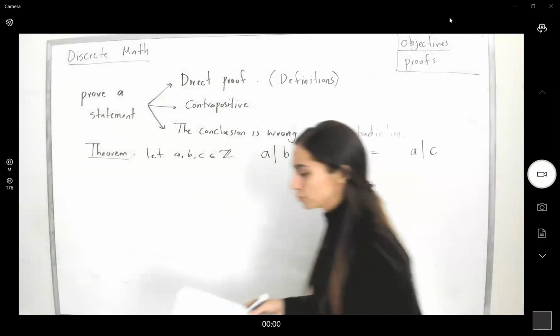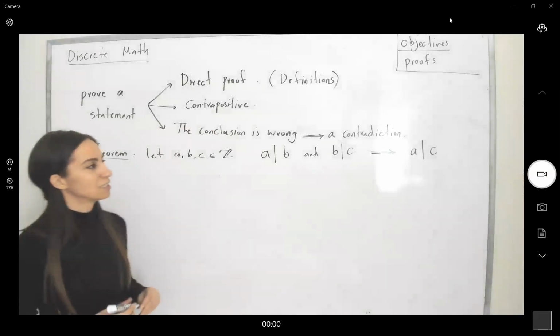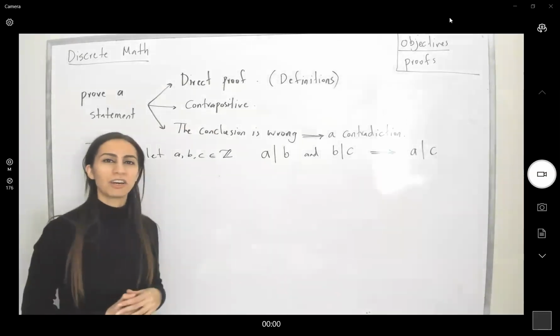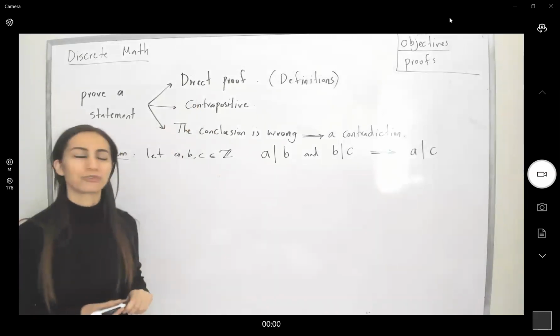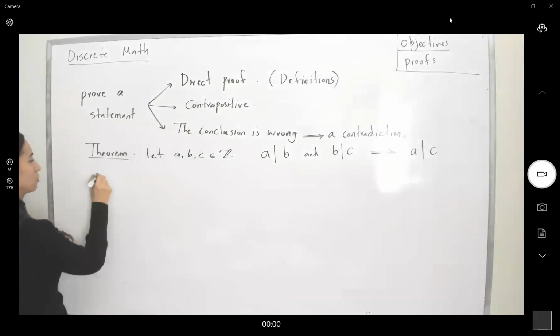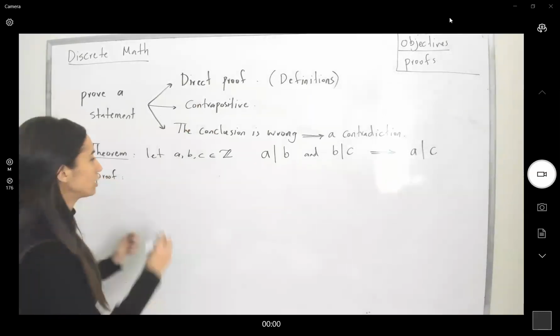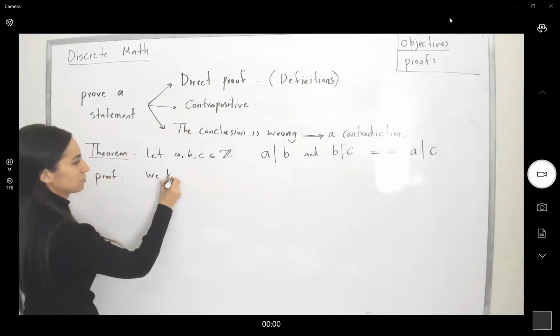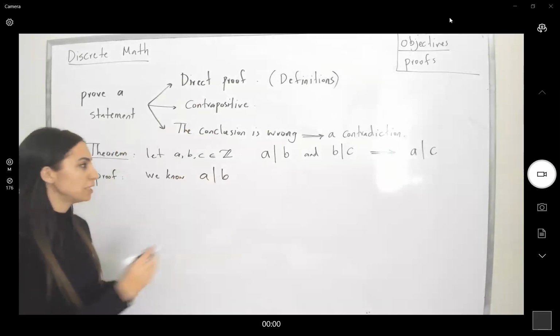Okay, how do we prove this? a divides c. We have the definition of divisibility, so let us use direct proof. Proof by definition. We know that a divides b. What's the meaning of that?